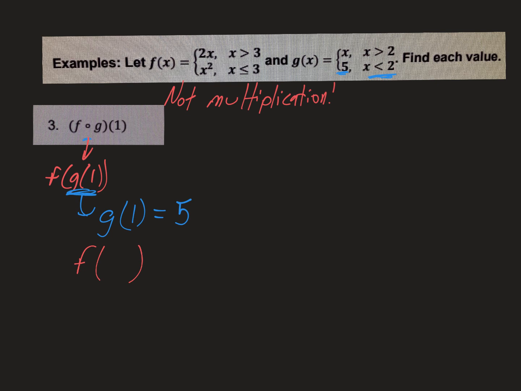Let's figure out where we should plug that in. So here we go. Is 5 greater than 3 or less than 3? Hopefully you guys all said that it is more than 3, so we're going to use this first row, right? So this is actually going to be equal to 2 times 5. And 2 times 5, you guys already know that's 10. So f of g of 1 is 10.